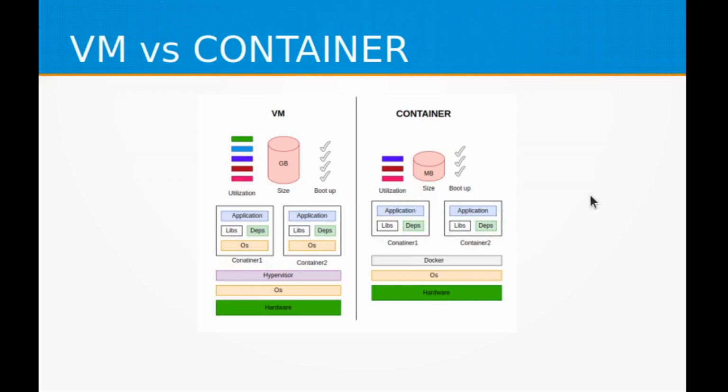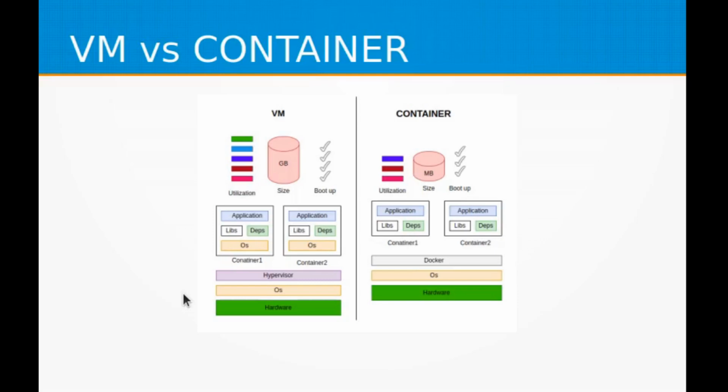Now in the case of virtual machines, we have a pretty similar architecture. We have the hardware infrastructure at the bottom, then the OS installed above that hardware, then the hypervisor installed. In a container setup Docker plays this role, and here in a virtual machine the hypervisor plays a role.